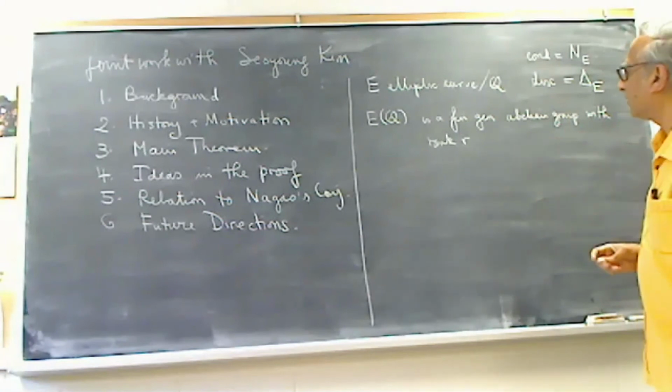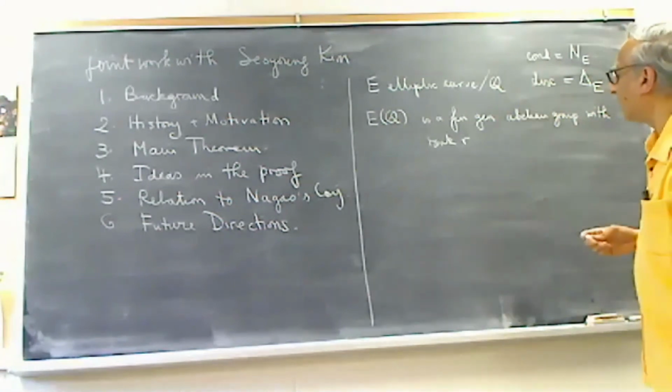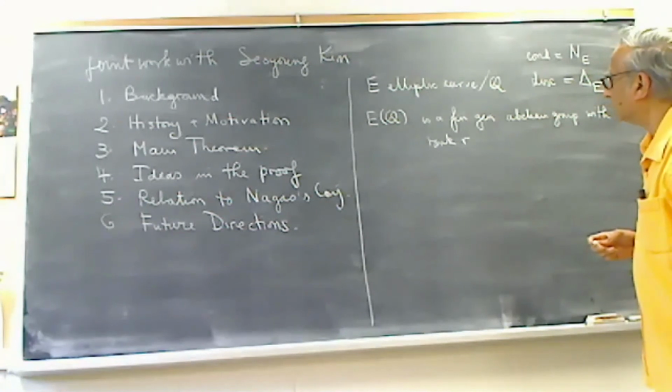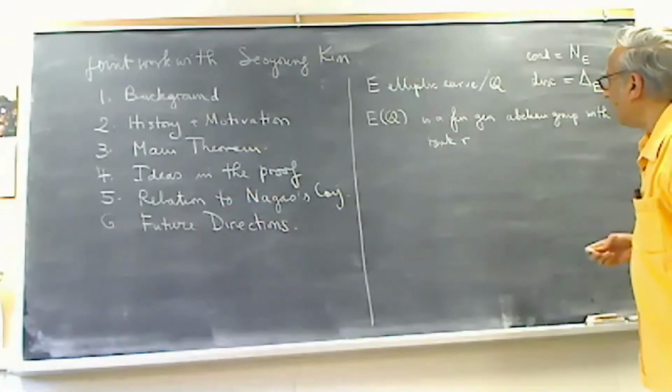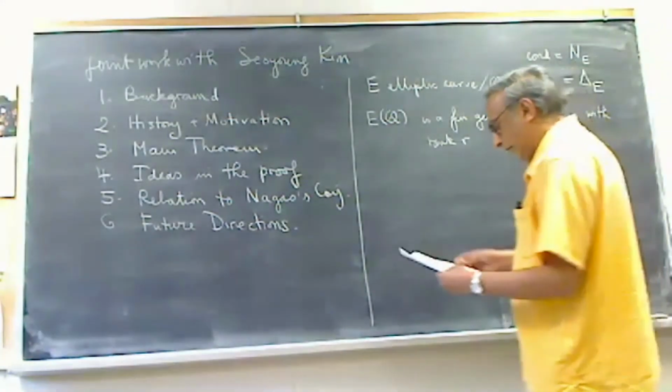This is a classical theorem of Mordell, and it was generalized by André Weil to arbitrary number fields and abelian varieties in general.